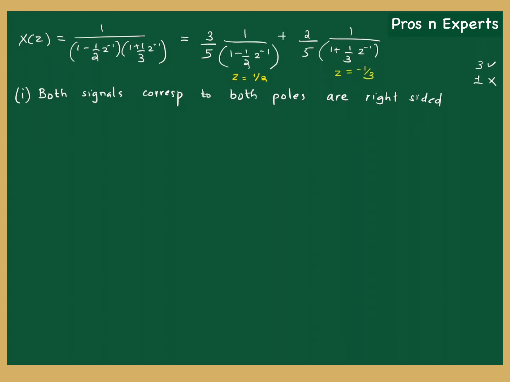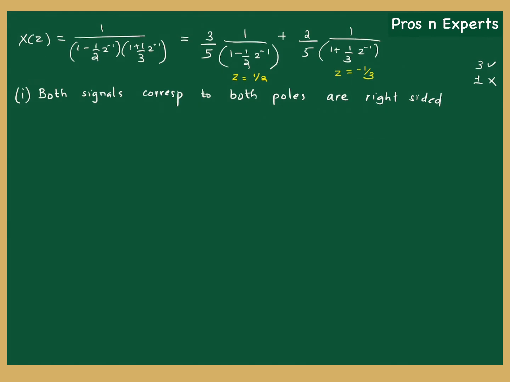Okay, so associated with this pole, you will be getting one time domain signal. Associated with this pole, you will get the next time domain signal, and the total x of n will be the sum of this signal and this signal. Okay, this means the inverse transform corresponding to this term and the inverse transform corresponding to that term.